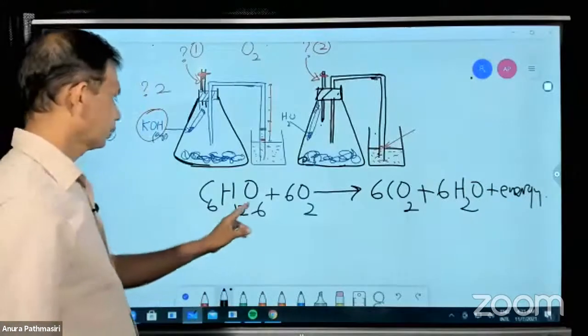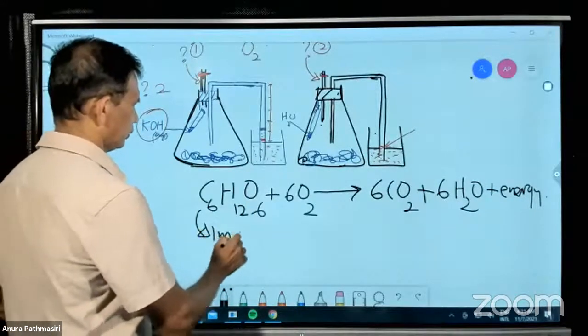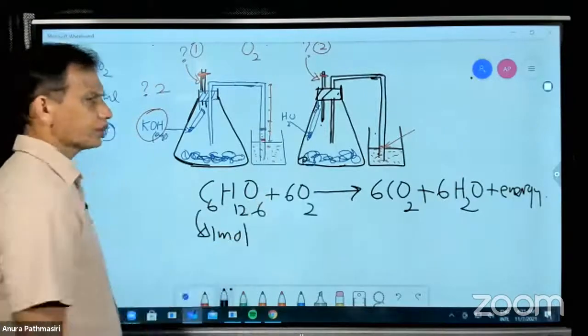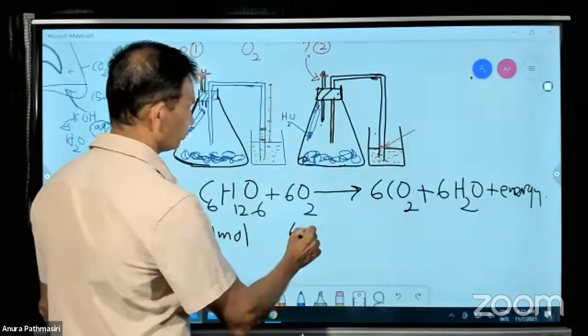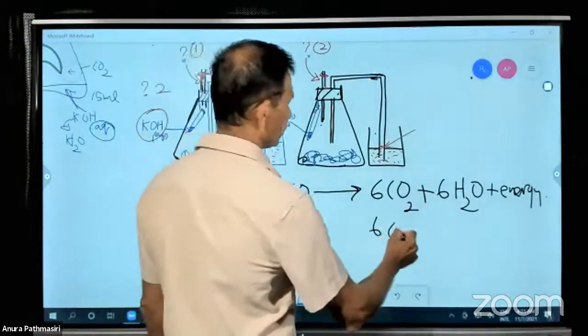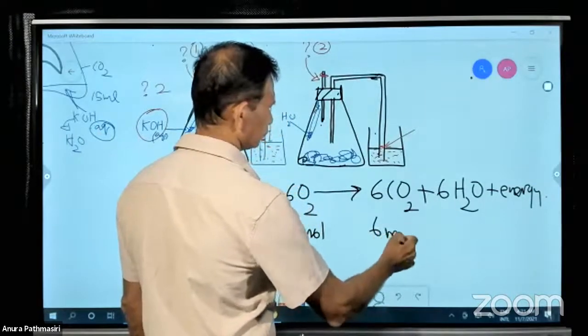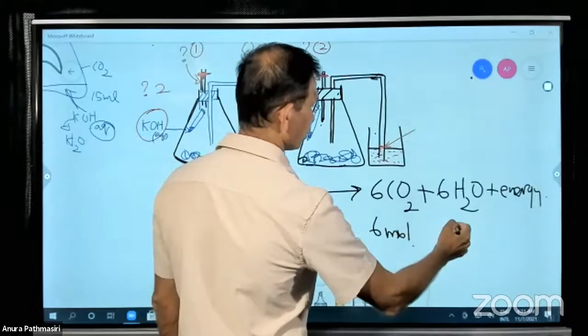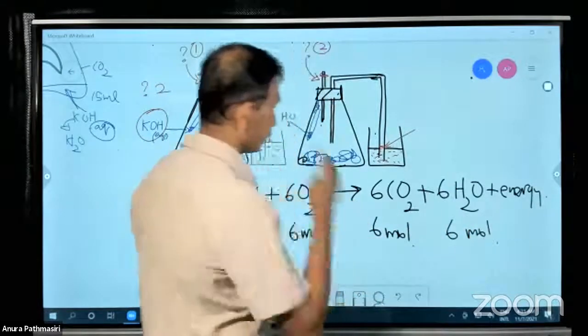So if you say 1 mole of glucose is used with 6 moles of oxygen gas, and 6 moles of carbon dioxide and 6 moles of water are produced.